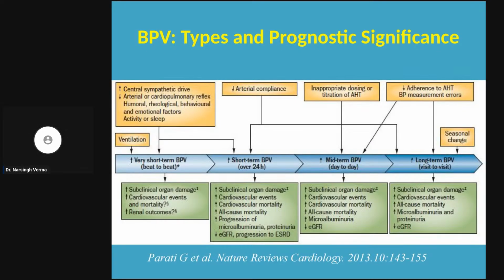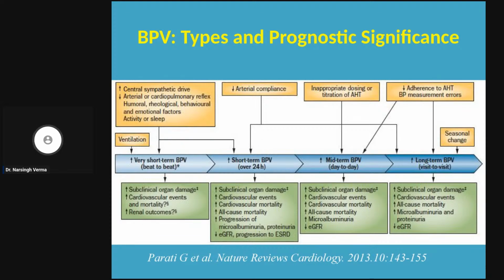Now I talk about this slide, which is very important. You can see that ventilation can produce short-term blood pressure variability, and the central sympathetic drive, the increased sympathetic drive and decreased arterial or cardiopulmonary reflex, and humoral and rheological factors, are responsible for very short-term blood pressure variability from beat to beat, and this is related to subclinical organ damage, increased cardiovascular events, mortality and increased renal outcome as well.